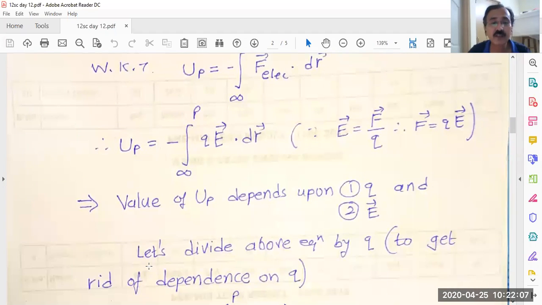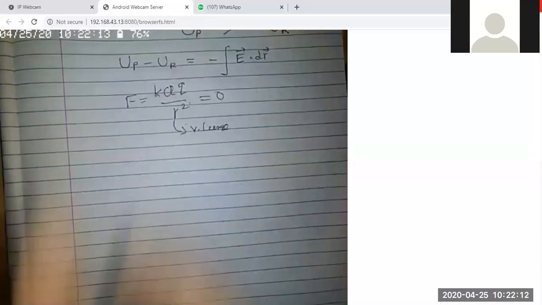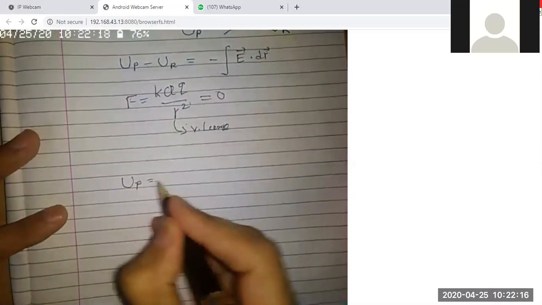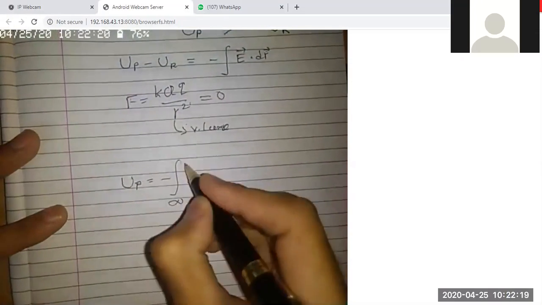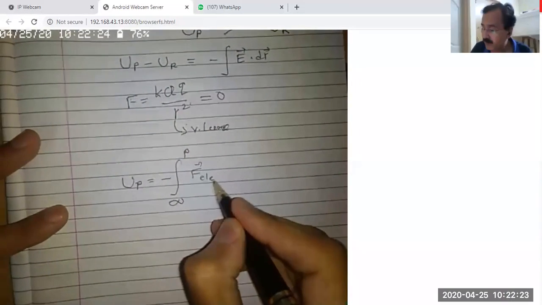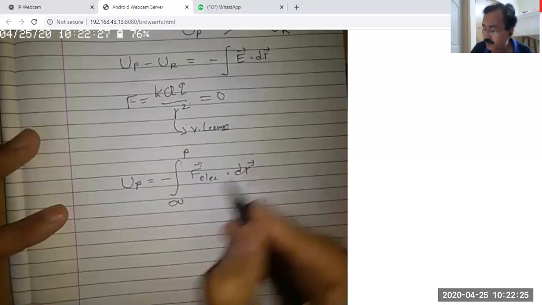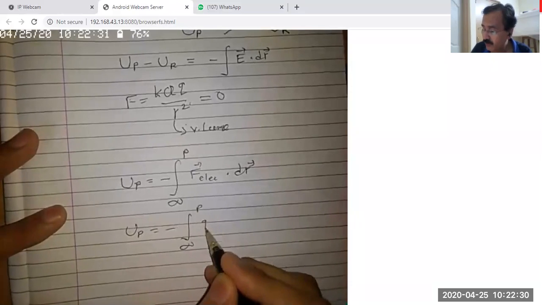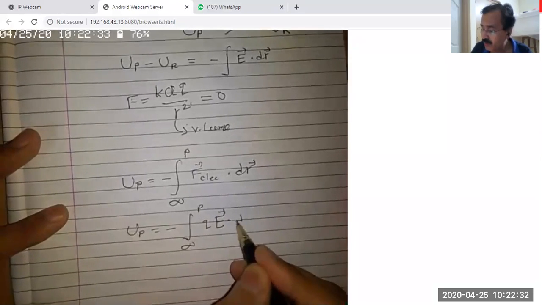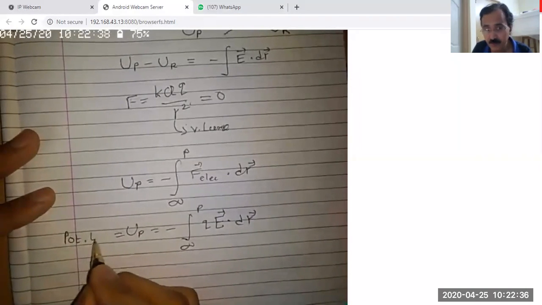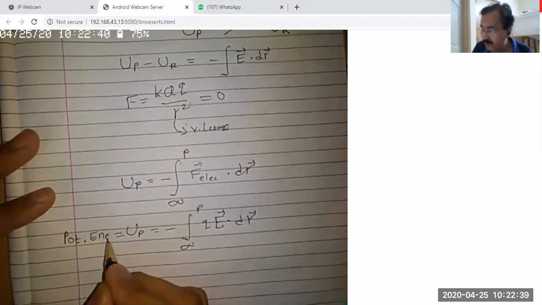If I write it in my notebook, it was like that. UP was negative infinity to P, F electric dot dr, which later on we had written as negative infinity to P Q E dot dr, and this was potential energy.